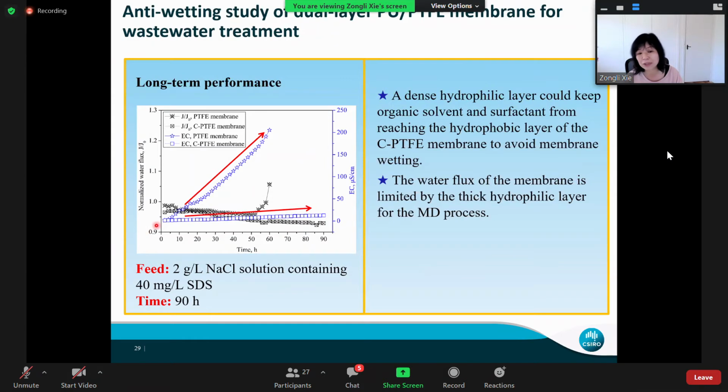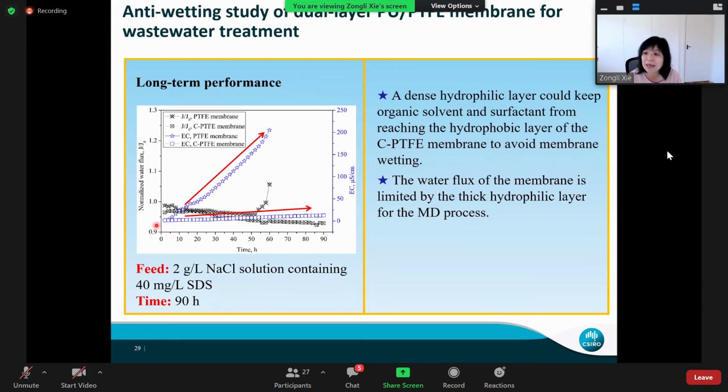The data here just shows the normalized flux, because one of the drawbacks is that we sacrifice the water flux. With that thick layer of dense membrane, we are unable to maintain the water flux.